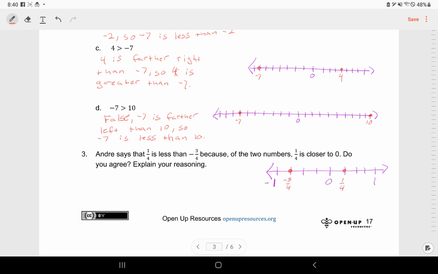No, I don't agree. 1/4 is farther to the right, so it is greater than -3/4.